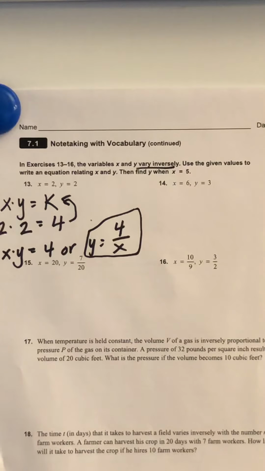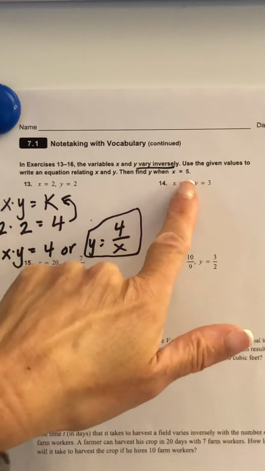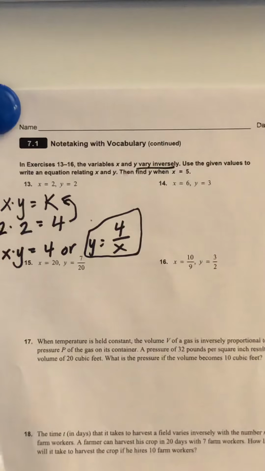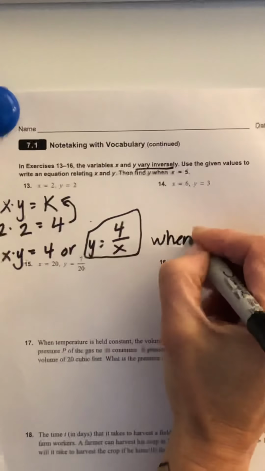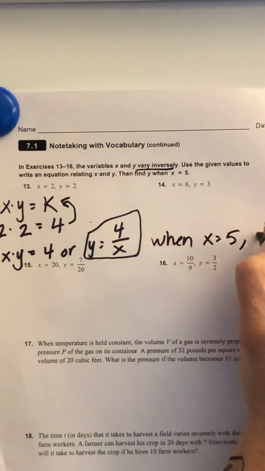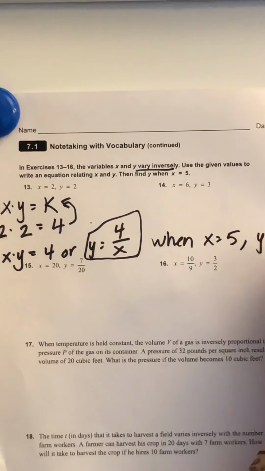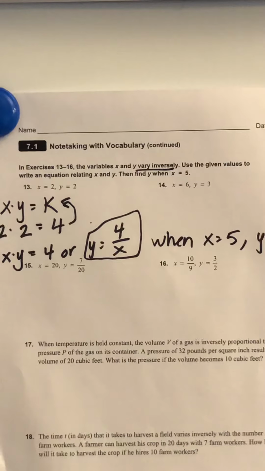I'm looking for the equation for the general case, not just for the two specific cases that they give us, okay? Now for the specific case, when x equals 5, y equals 4/5. That is how we do both steps of that problem.